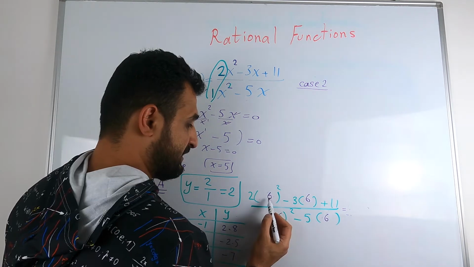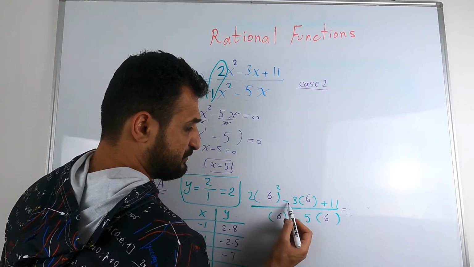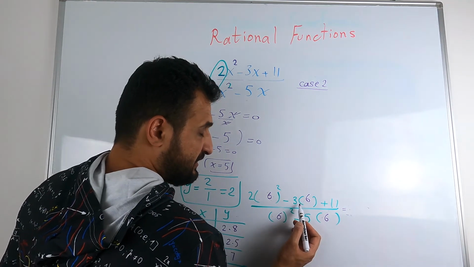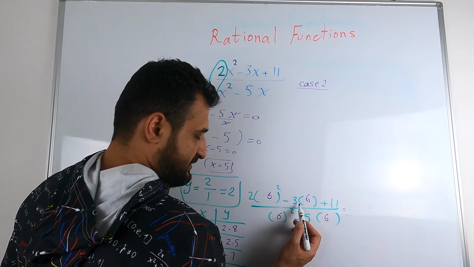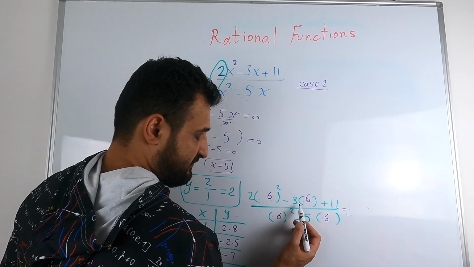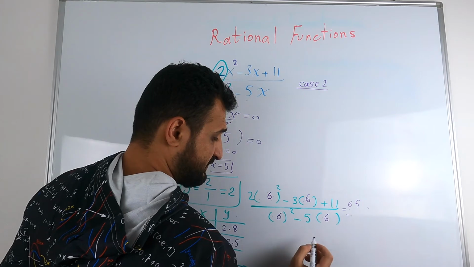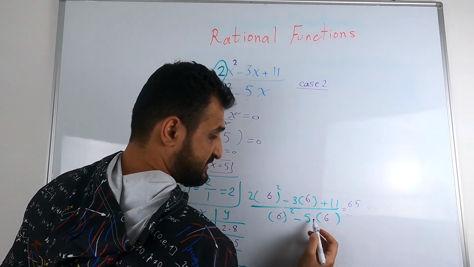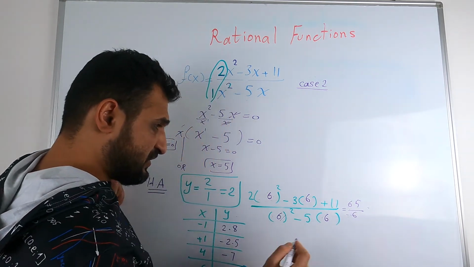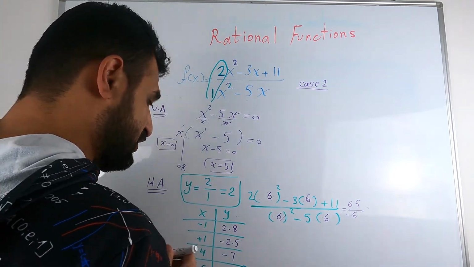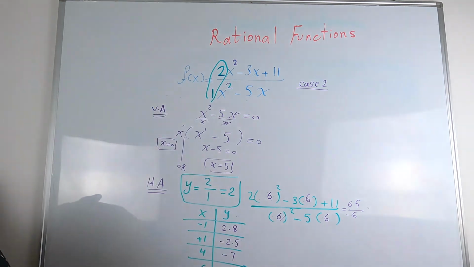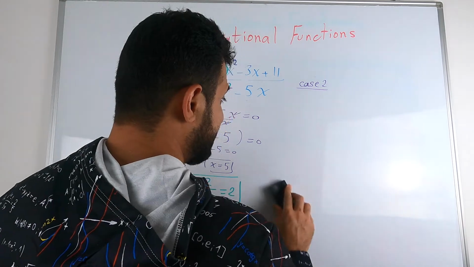Now 6. 36 times 2, 72, minus 18 is 54, plus 11 is 65. 36 minus 30 is 6. Almost, you can say almost 11. You don't need the answer here to be very accurate, because the helping point will tell you where the graph is.